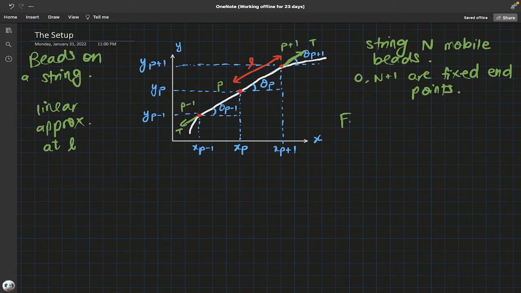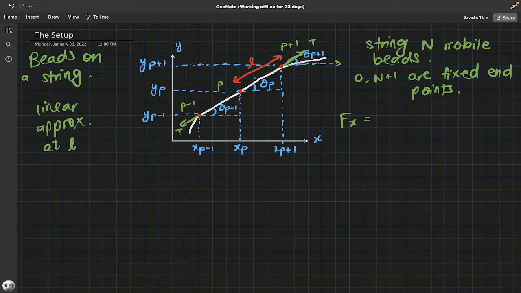So the force in the x direction, we can write the components. So there's a cosine theta in this direction, T cosine theta of P plus 1. Or let's think about it this way.